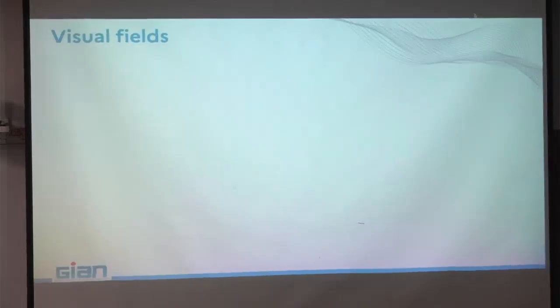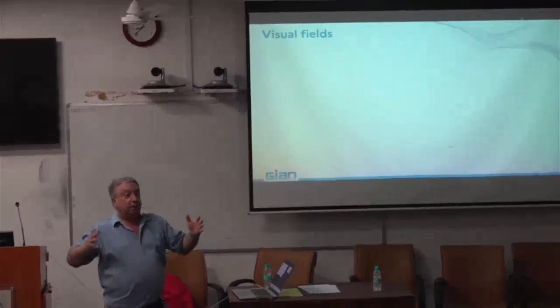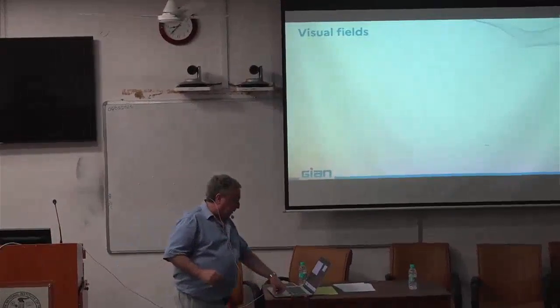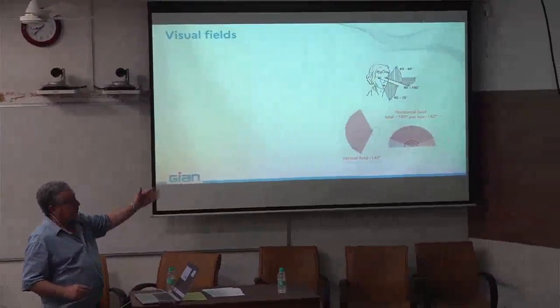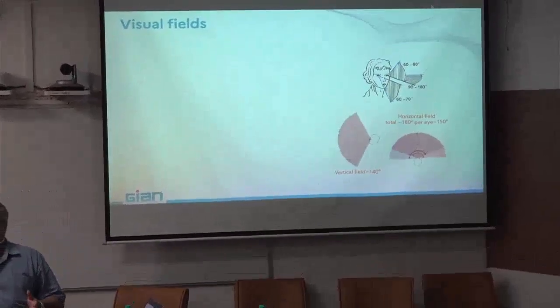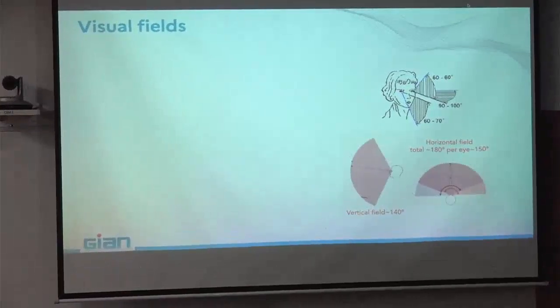Okay, now you understand the different parts of the eye. What are visual fields? What do we see? What is the space that we can see? Here you have a first illustration. We can divide our visual field into horizontal and vertical.